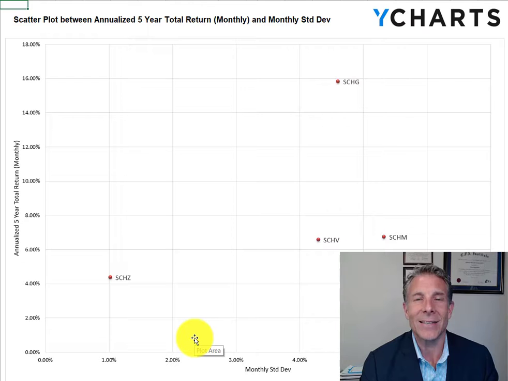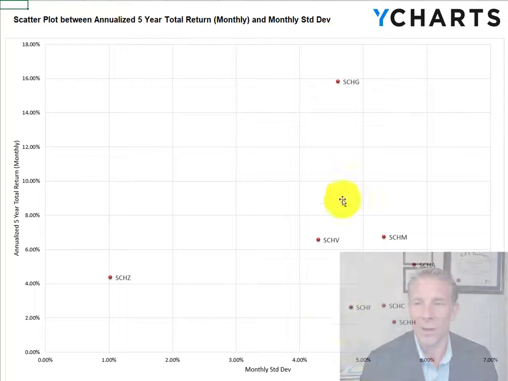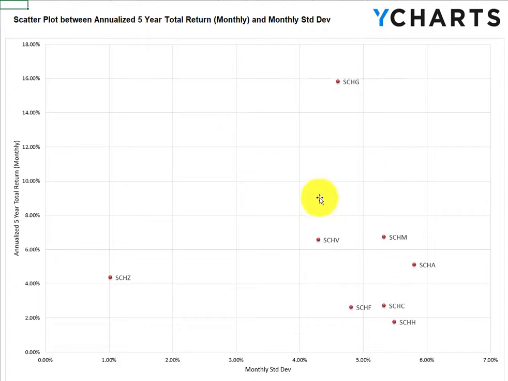But what doesn't seem to jive, and what seems to be a disconnect, is that traditionally, as you move up here with more risk, you should get more returns, almost on a straight line. But that's not what we see here. Right now, we have almost the same amount of risk between the value portfolio and the growth, but growth is crushing value. And even worse, moving out to the right, small caps are showing a lot more risk but a lot less return.